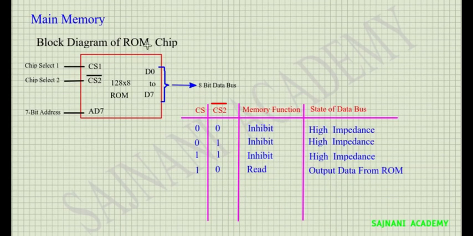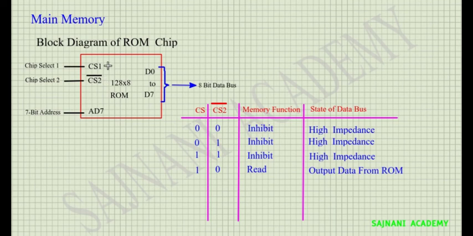The block diagram of the ROM chip again has two chip select signals, chip select 1 and chip select 2 complement. That means the chip will be selected or enabled if chip select 1 is 1 and chip select 2 complement is 0.